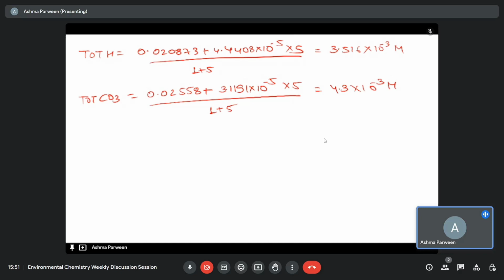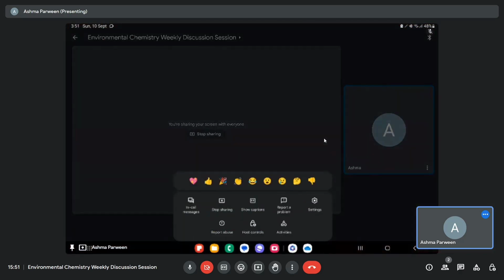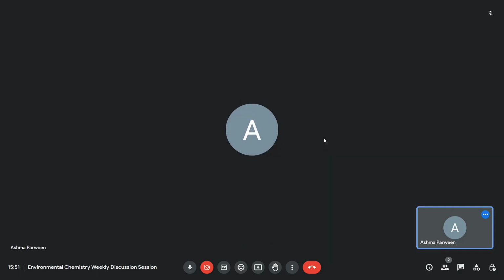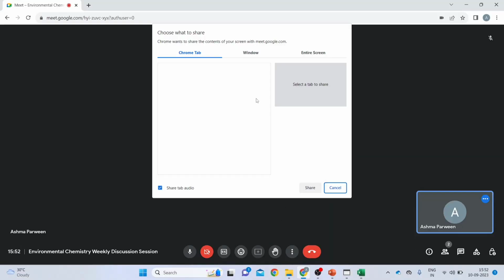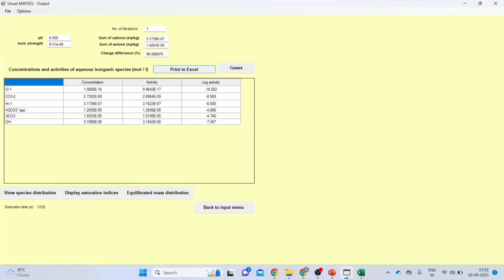So we have calculated the alkalinity of the mixed solution, the total H concentration and the total carbonate concentration. Again we will feed the total concentration of these two components and find out the final pH of the system. Let's go back to Visual MINTEQ.